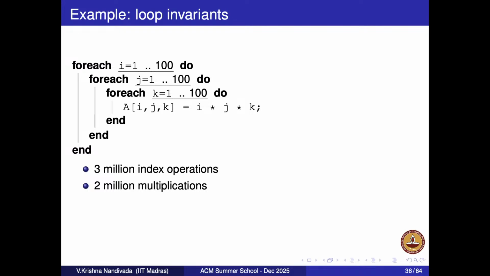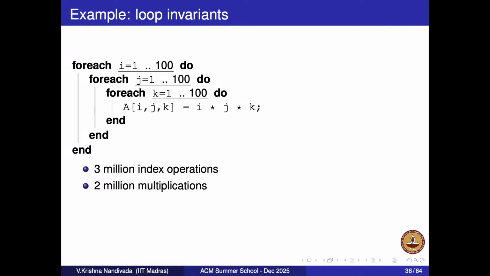Now, in this loop, what is changing? Let's only talk about scalars for the time being, not array elements, just i, j, k. What is changing? k. So now I have an expression i times j. Does this expression use any variable from the set which contains the variables that get modified?